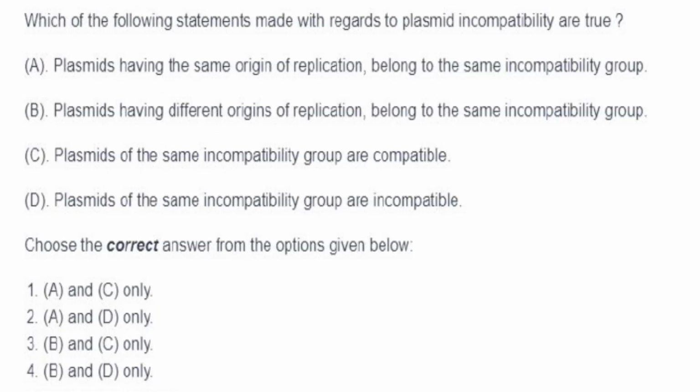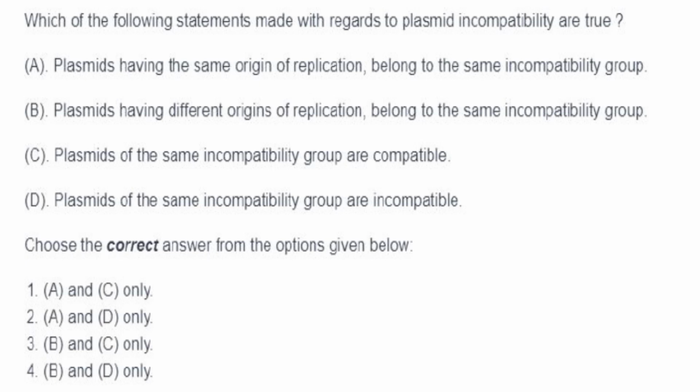Then again, which of the following statements with regard to plasmid incompatibility are true? Now what is this plasmid incompatibility? It refers to the condition where two or more plasmids cannot coexist in a single bacterial cell.